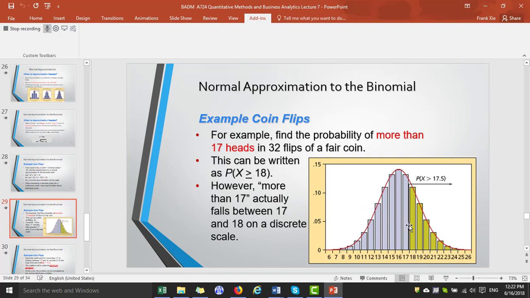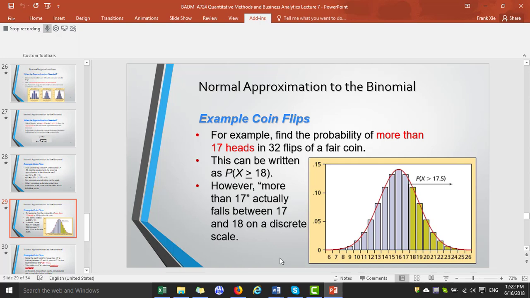Then this can be written as P(X ≥ 18). But more than 17 actually falls between 17 and 18. So if you use 18, that's a little bit wrong because 17 and a half is also larger than 17. So we need to do some adjustment here.